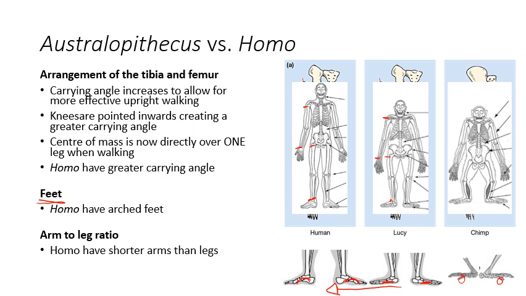The reason Australopithecus did have longer arms, similar length to their legs, is because chimpanzees, or hominoids, or even primates, aren't great at walking upright or having bipedal motion, and they need to walk on all fours. And to do that, it is a great advantage to have much longer arms than legs, okay?